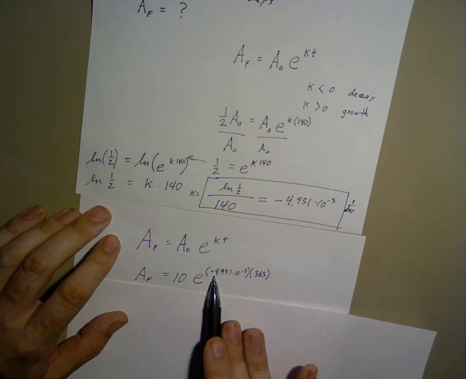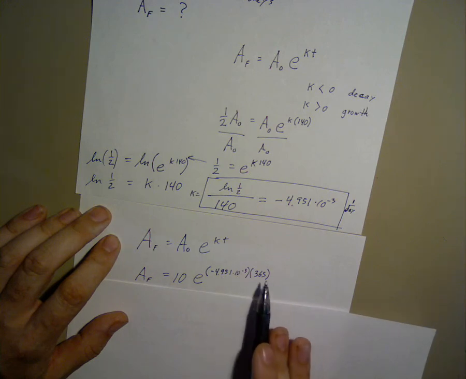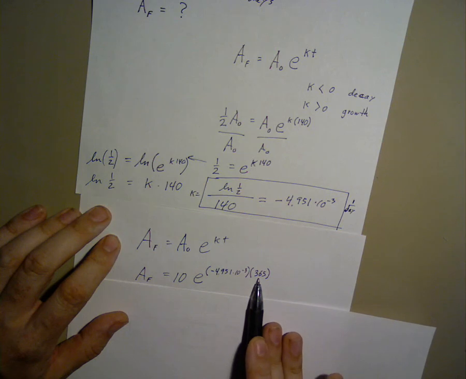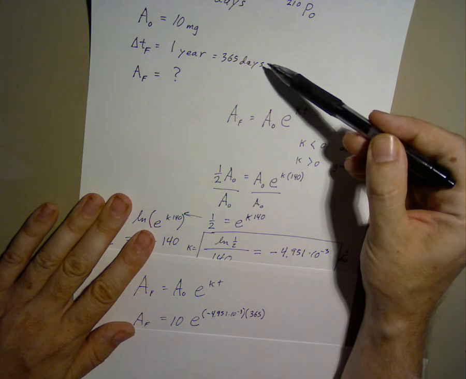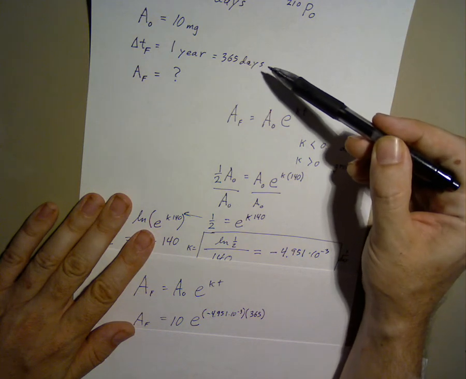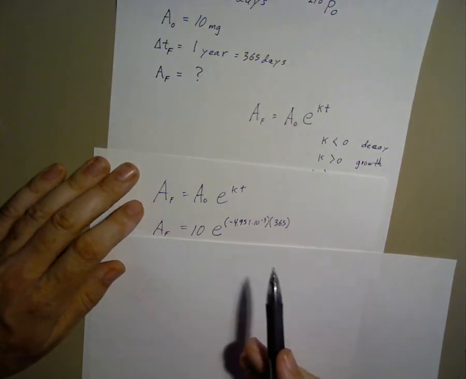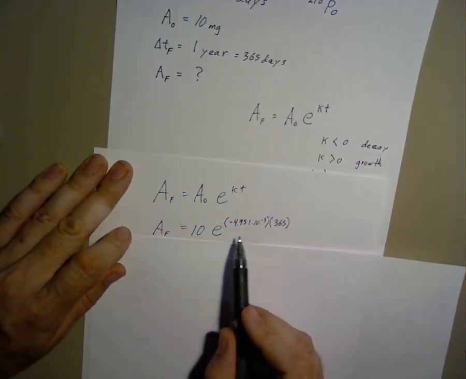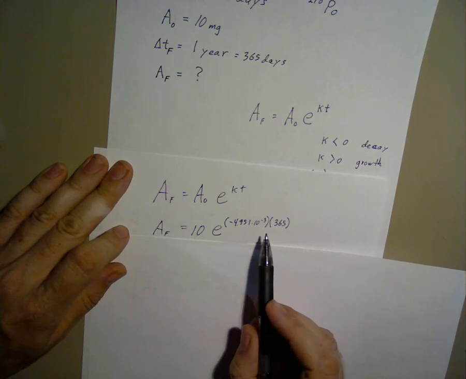K is negative 4.951 times 10 to the negative third. Our time is now 1 year, because we needed to solve for how much was left after an entire year. From here, we can simply solve this in a straightforward fashion.